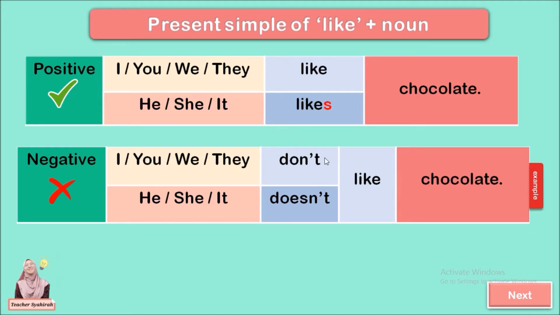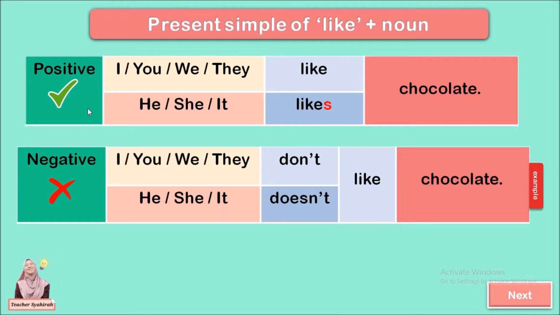Okay, don't. Now let's look at he, she, it. He doesn't like chocolate. She doesn't like chocolate. It doesn't like chocolate. So can you see the difference? For I, you, we, they, we use don't. For he, she, it, we use doesn't.